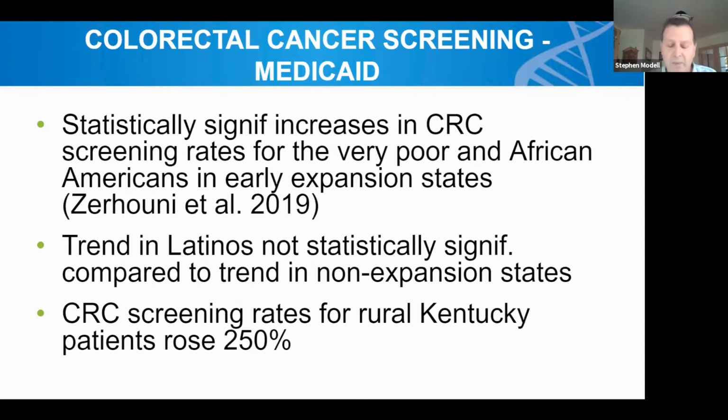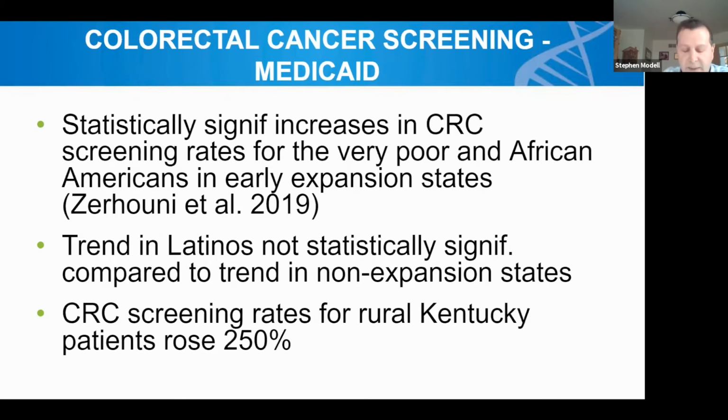A safety net hospital in Phoenix, Arizona was actually able to achieve, now this is jumping course a little bit, BRCA counseling and testing rates of 78% in at-risk low-income Latino populations.